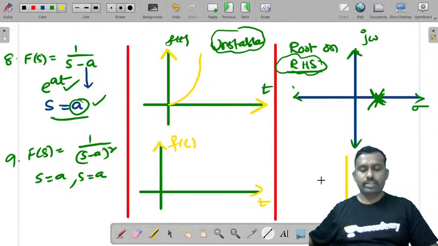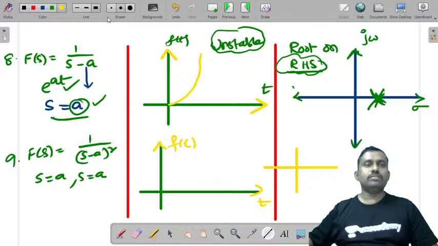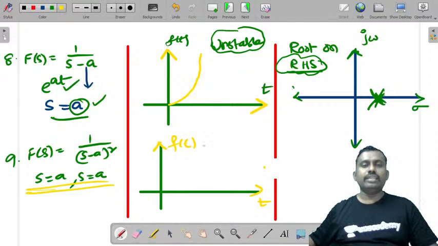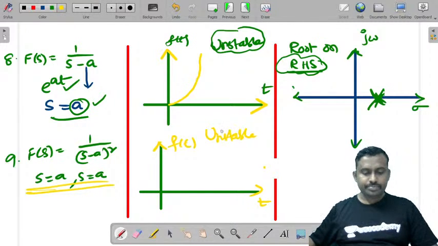Maybe these s plane locations are not visible to you, just move a little this side. Yeah, hope this is a bit clear for you now. Whenever you have repeated roots on the RHS, these are the repeated roots on the right half of the s plane. You can say that the system is also an unstable system.